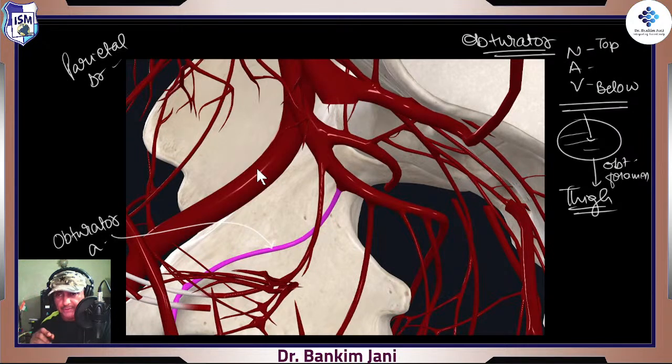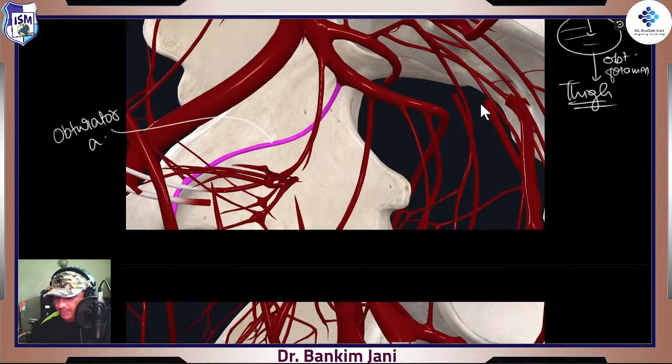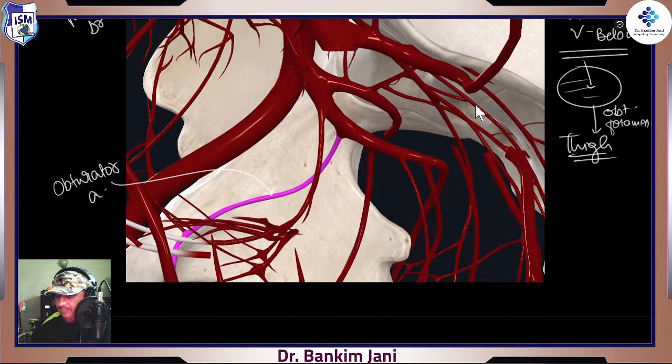Our interest, this artery, the obturator artery, it supplies some important structures, right? It gives all those iliac branches because that's the main artery over there. The nearest structure, it gives vesical branches, right?